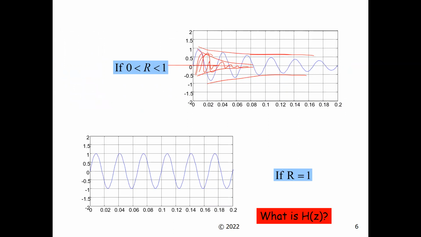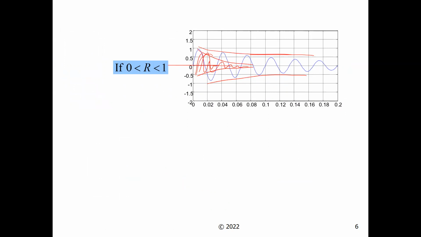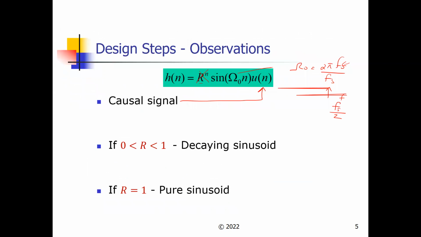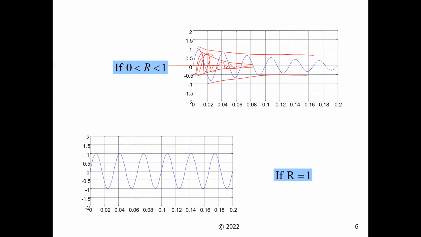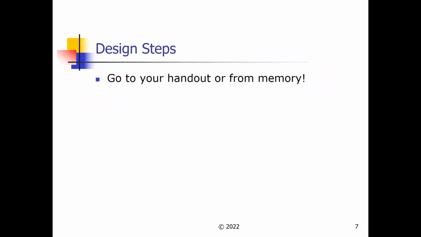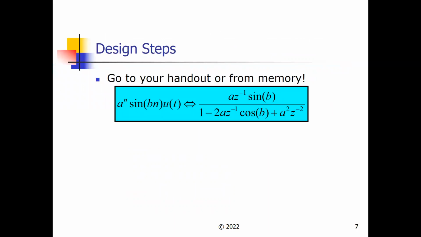So if I know h[n] is r to the n sine omega naught n u[n], what is H(z)? Well, you pull out your Z transform handout, or you go from memory. The Z transform of that is this expression here.